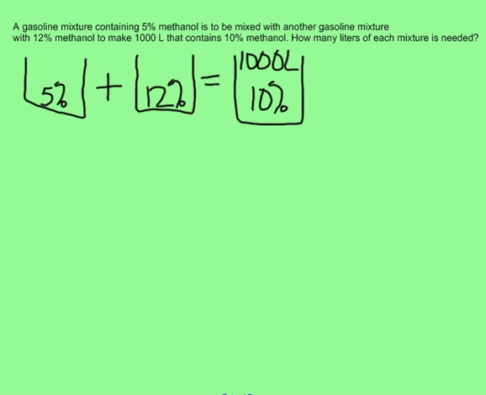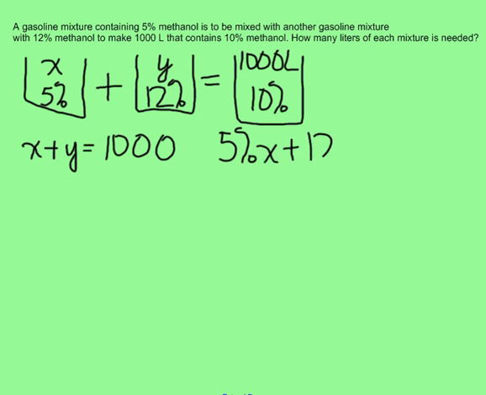We had filled in these blank spots with X and Y. Those represent how many liters of each methanol mixed, and we came up with two equations. One of the equations was the quantities, X plus Y equals 1,000, and the other equation put everything together: 5% X plus 12% Y equals 10% times 1,000.